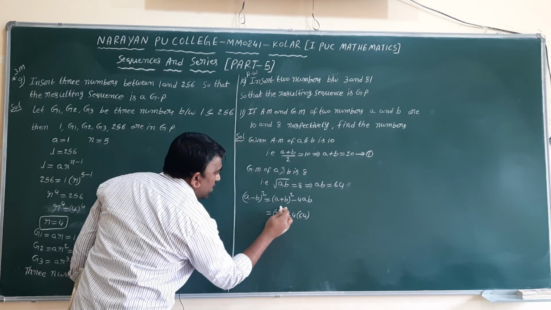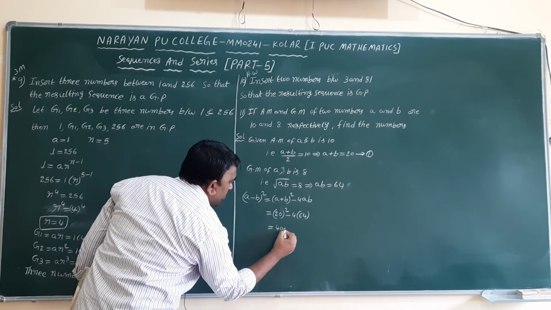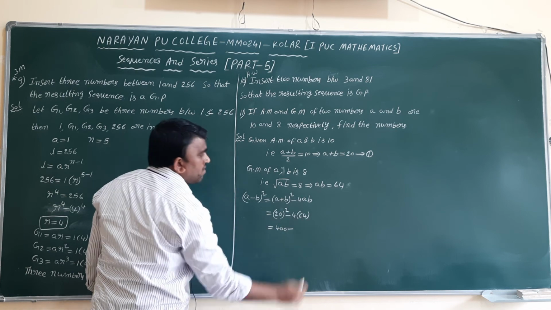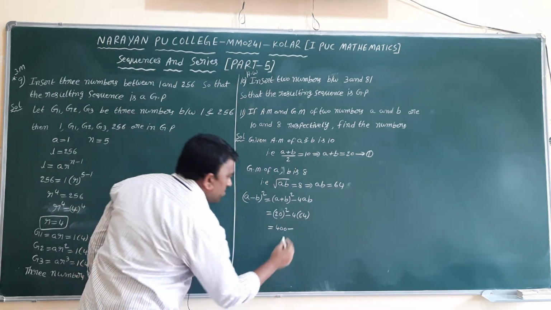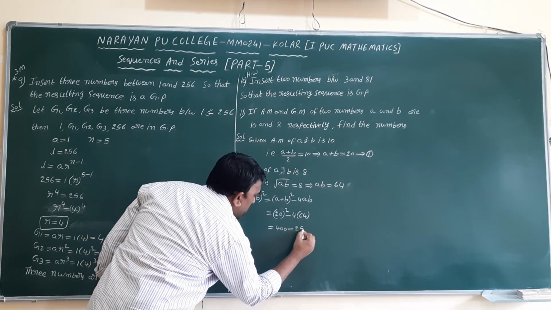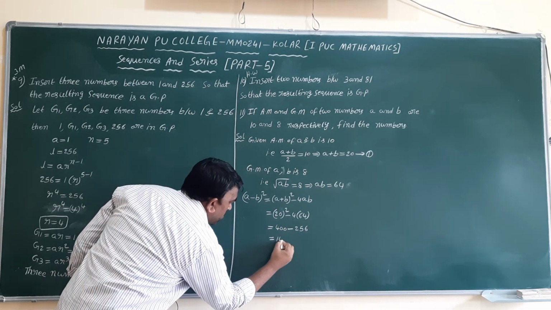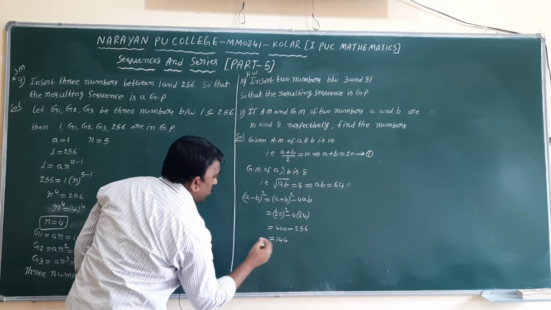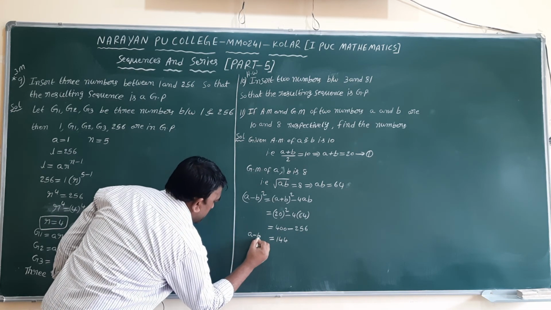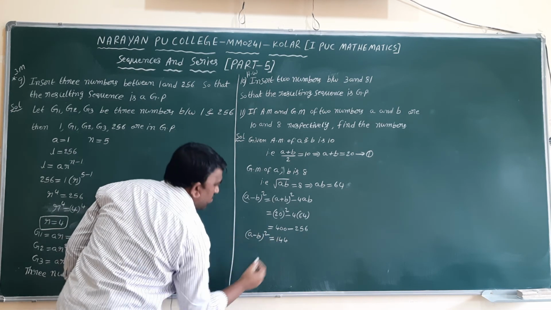So 20 whole square is 400, minus 4 into 64, which is 256. 400 minus 256 is 144. That is A minus B whole square.